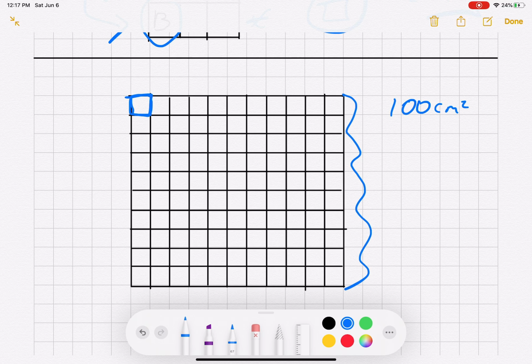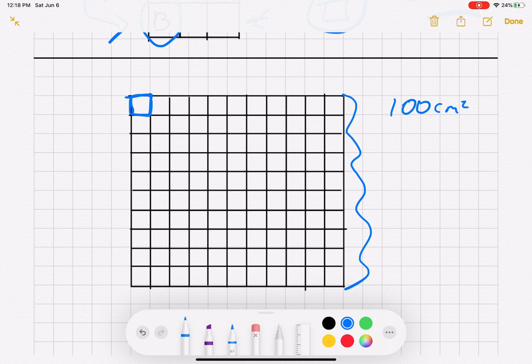And that's how much space that block is taking up. If I'm going to compare that to meters, which I would love to be able to put on the board right now and show it to you, but there's no way I can do that. I just want you to picture, by holding your arms out, what the difference between 100 centimeters square would be, and now picturing with your arms out how big that 1 meter square would be. Now try to imagine 100 meters squared, like the difference between those blocks.